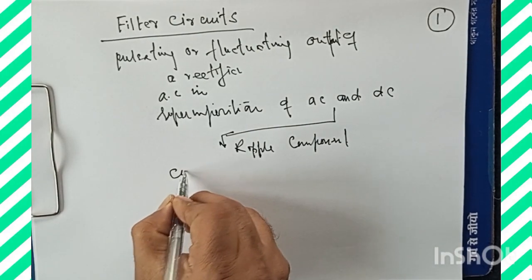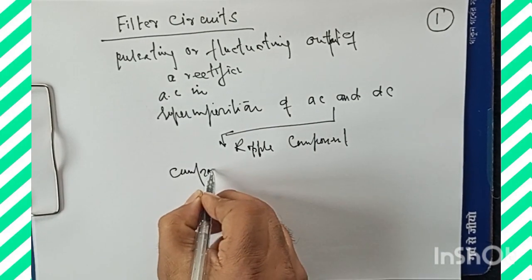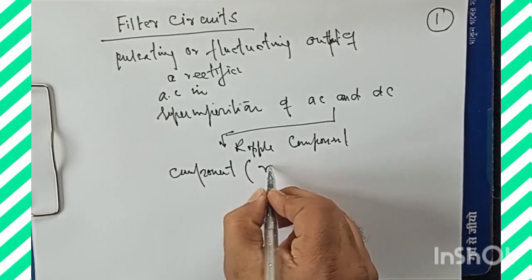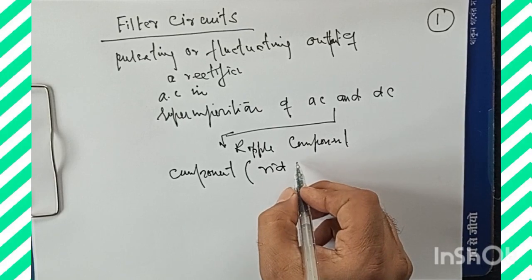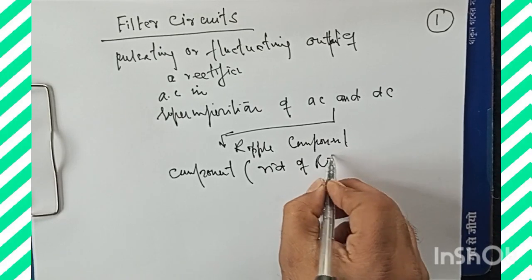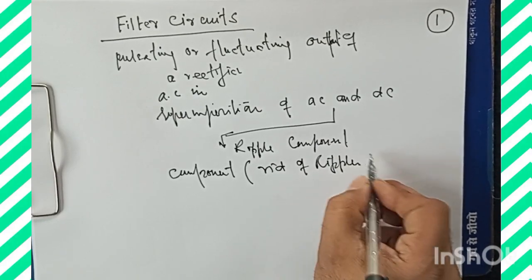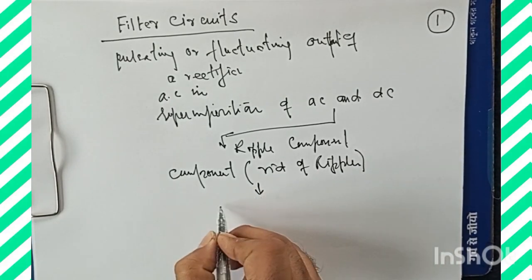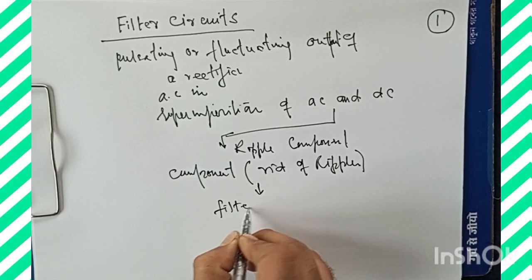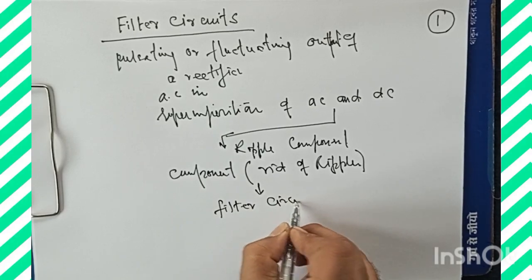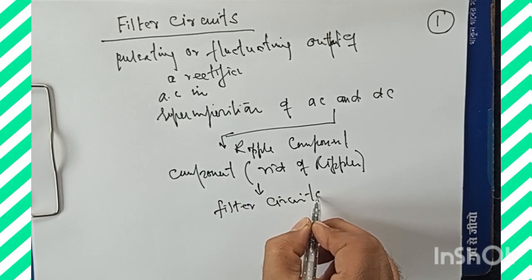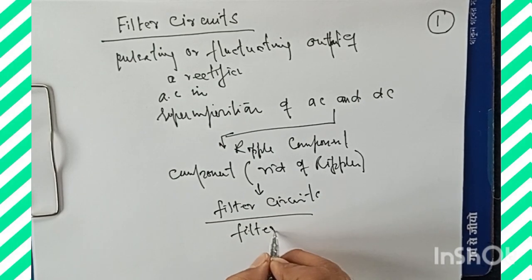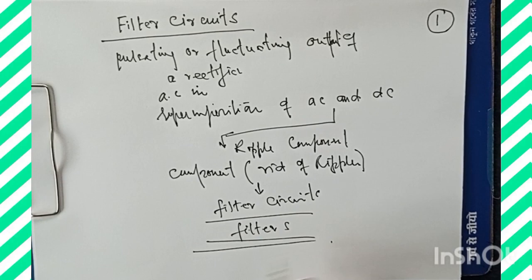So the component that we make use of in the circuit to get rid of these ripples, we call those circuits filter circuits, or simply filters.